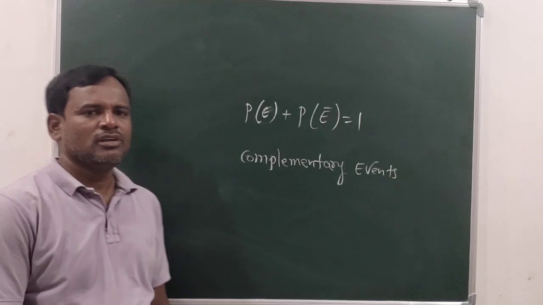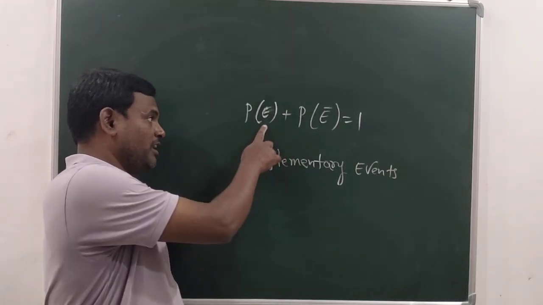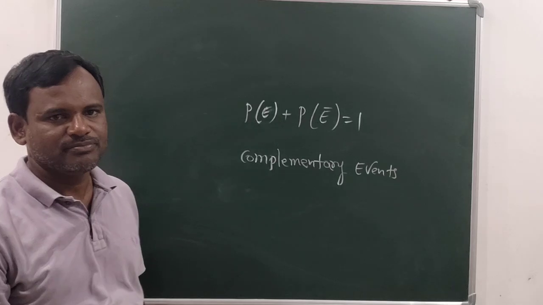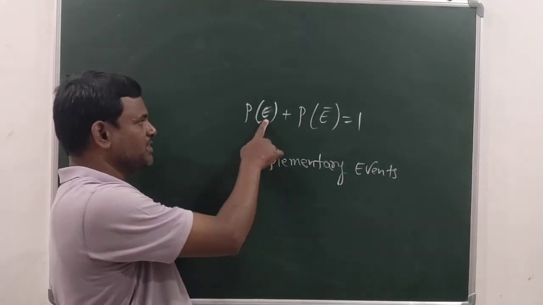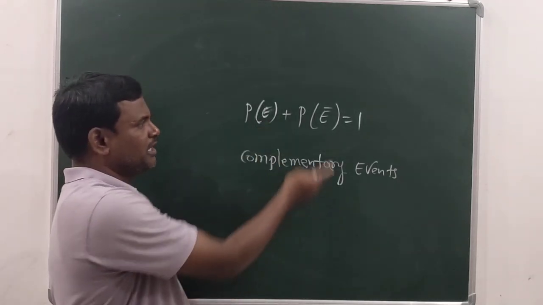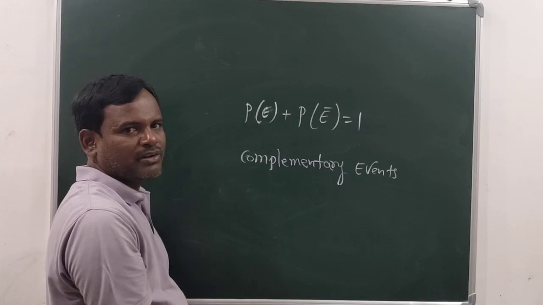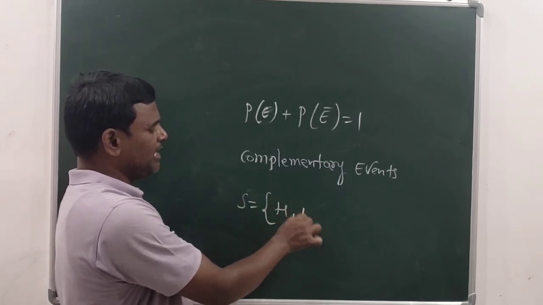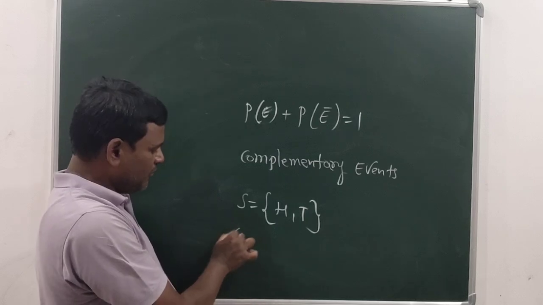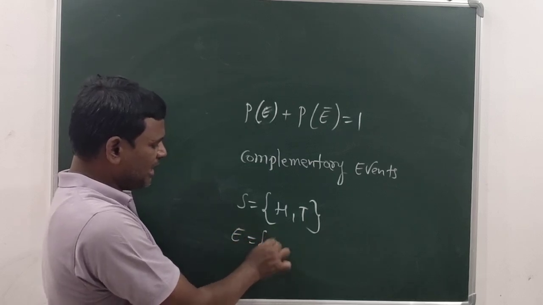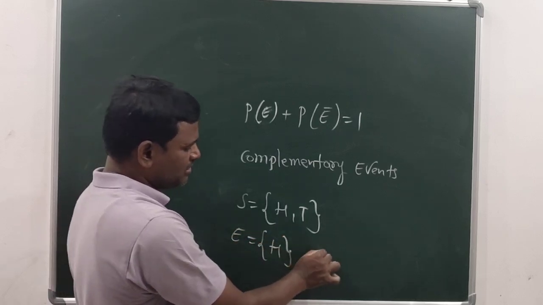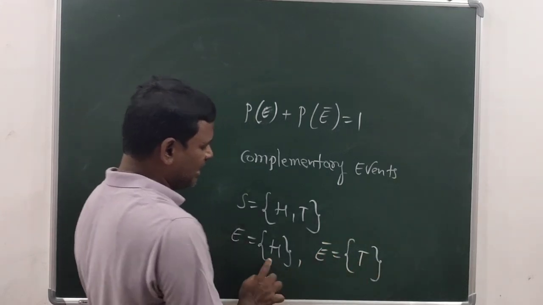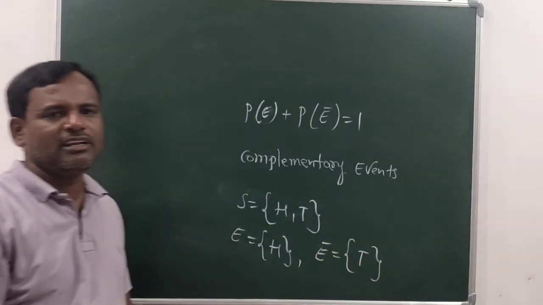Okay, students, E represents happened, E bar represents not happened. For example, take this coin case only. We may get head or tail, no? If E represents getting head, then obviously E bar will represent not getting head. Not getting head means what we may get?